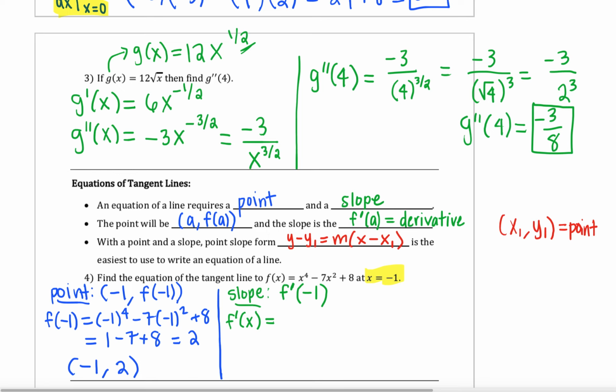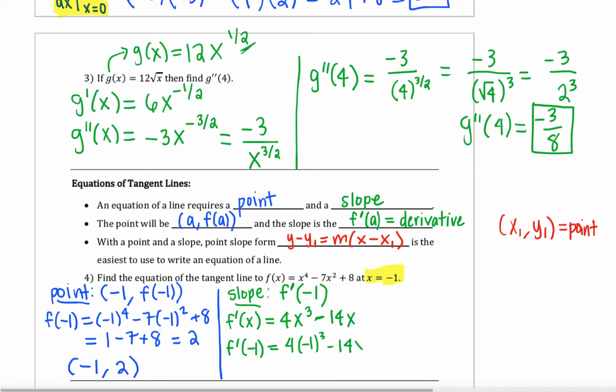To check that, using the power rule, the derivative of x to the 4th would give us 4x to the 3rd. The derivative of negative 7x squared would give us negative 14x to the 1st, and then the 8 would drop to be 0. There's our general derivative. To get our specific derivative at negative 1, we're going to sub in negative 1 for all these x's, and then simplify down.